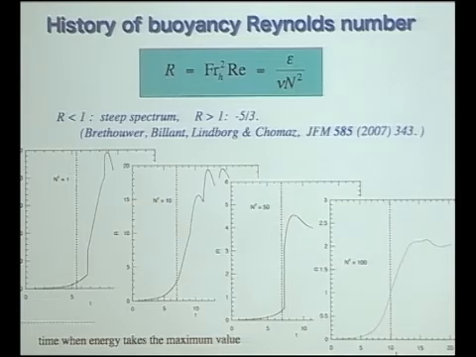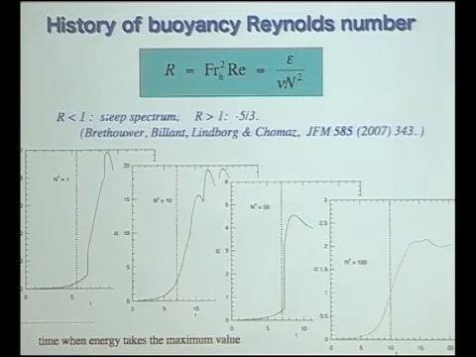Okay. So last time in September, when I presented these results, Eric Lindborg asked me about buoyancy Reynolds number. And since then I calculated and I would like to show some result. So this buoyancy Reynolds number is given as the horizontal Froude number squared times Reynolds number, given as epsilon over nu N squared.